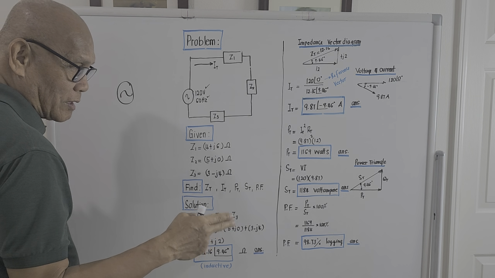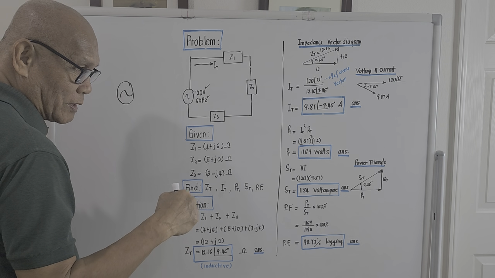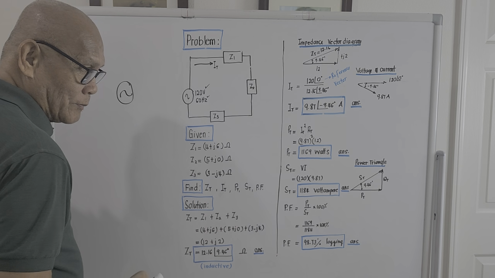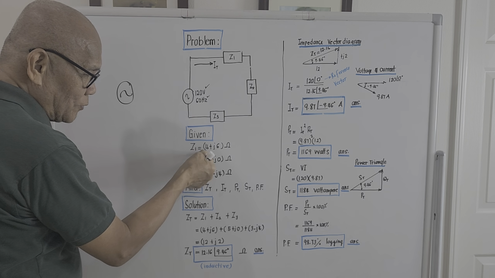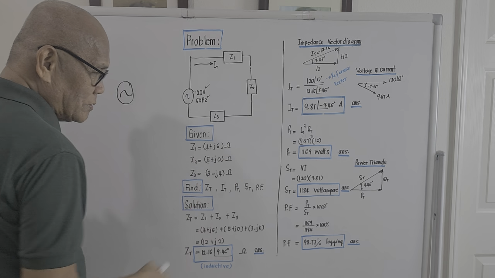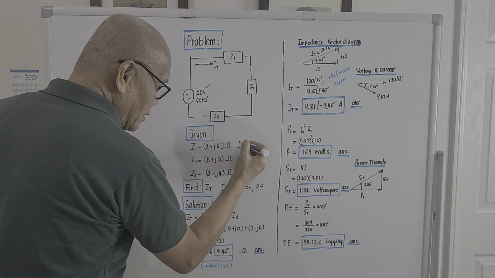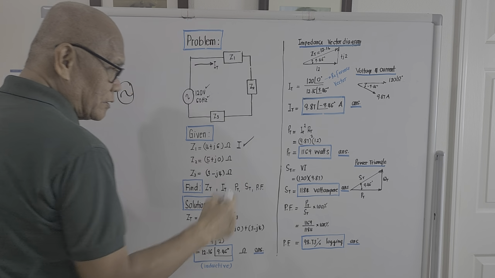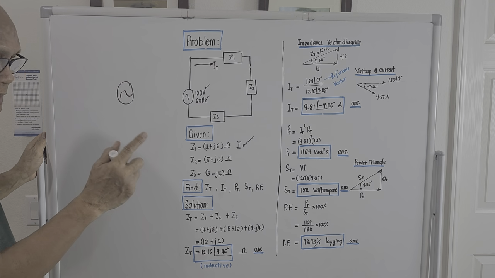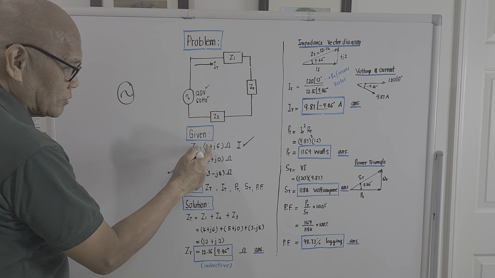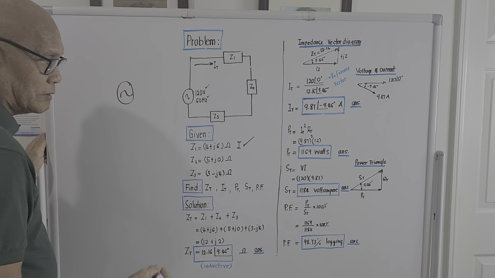In rectangular form, there should be a real part and an imaginary part. So Z1 is 4 plus j6 ohms, with the designation I, meaning inductive, because the sign of the imaginary part is plus.